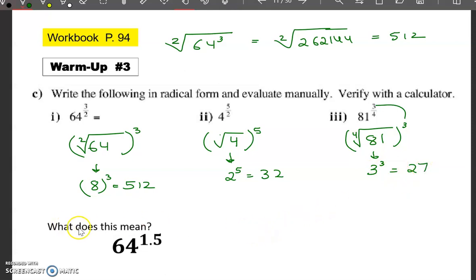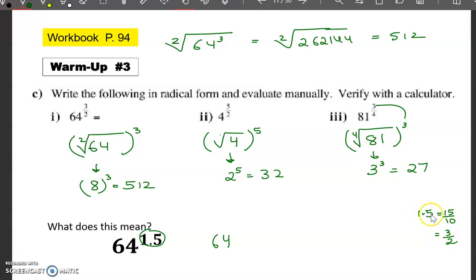Okay. Now, what if they ever give you a decimal as an exponent? Well, this is also a fraction. So remember that you can write that as a fraction itself. If I take 1.5, it's the same as 15 over 10, which if you reduce it becomes 3 over 2.